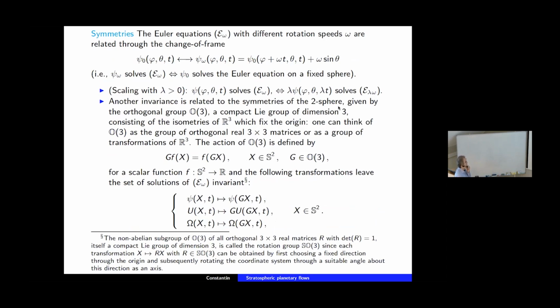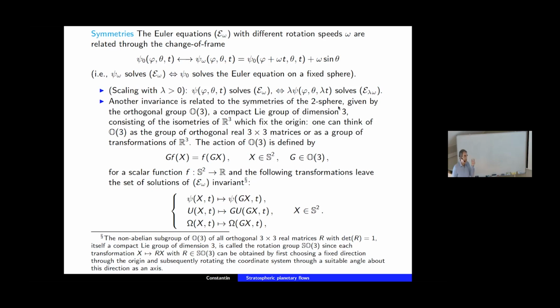First of all, there are some invariants that one can use. In this one, omega stands for the rotation, and 0 is if it's not rotating. So if you solve on a non-rotating sphere and you try to move your results to the rotating sphere, it works, but you have to pay a price.